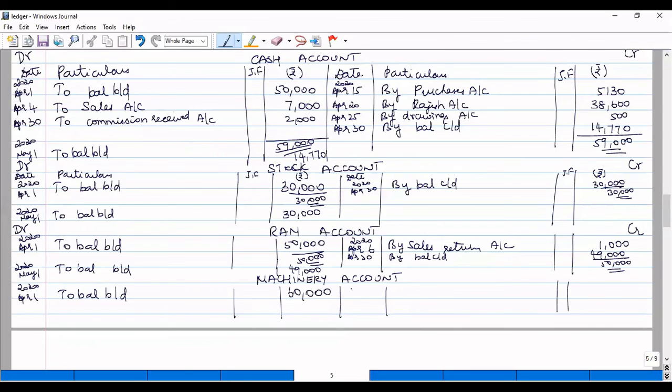Right? Machinery account stands unchanged. So machinery account will have the same balance. By balance carried down 60,000. And this will be the opening balance for the next month. Okay, balance brought down 60,000.